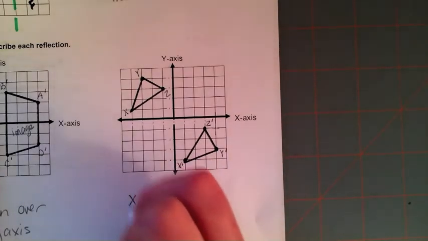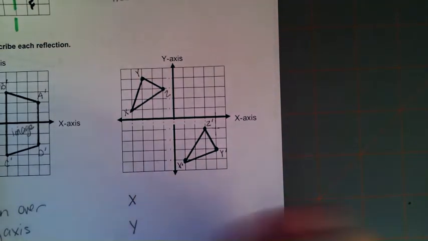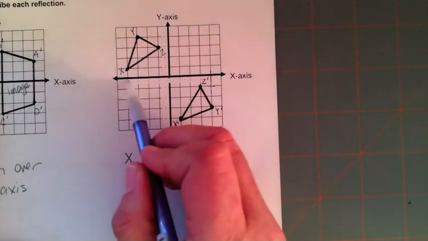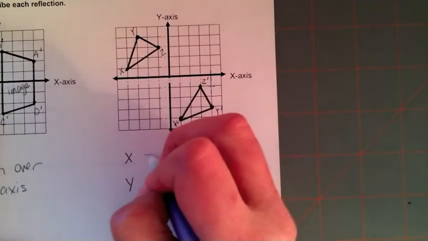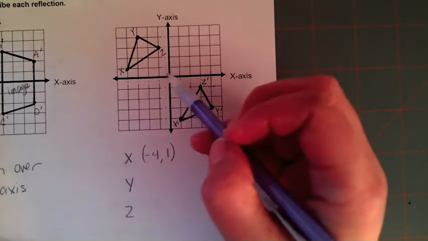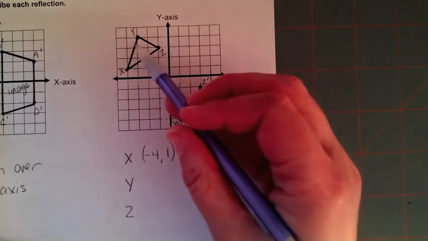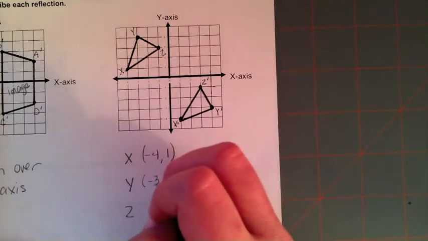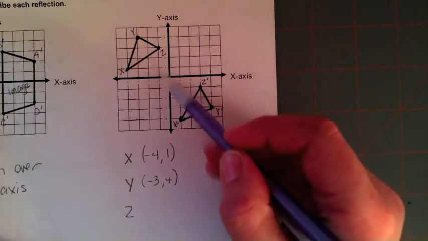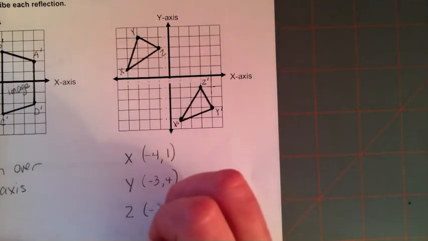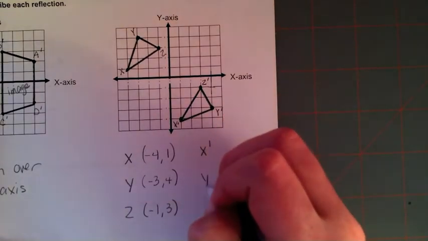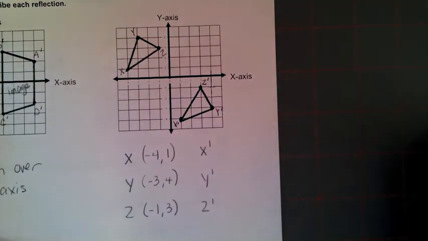So let's identify our X, Y, and Z ordered pairs. X is left 4, up 1, so it is at (-4, 1). Y is left 3, up 4, so that's (-3, 4). And Z is left 1, up 3, so (-1, 3). Now let's look at X prime, Y prime, and Z prime.